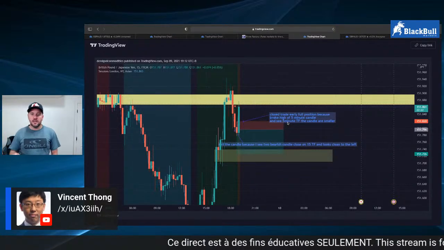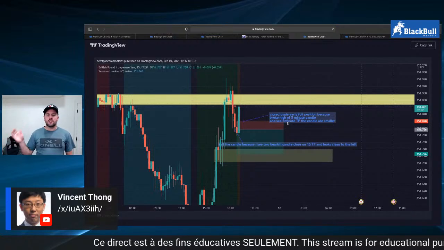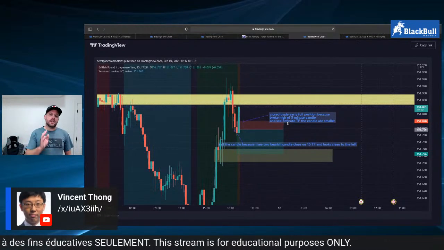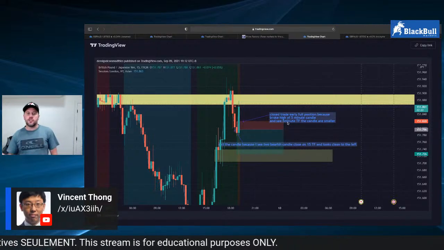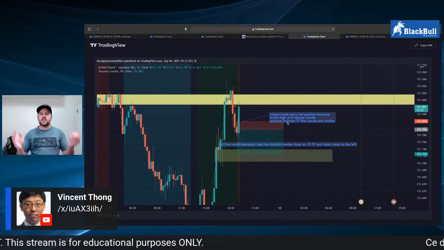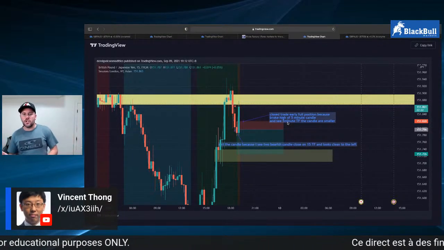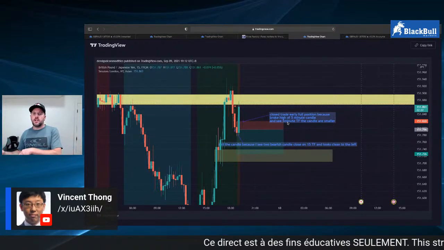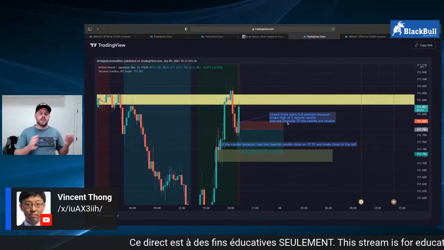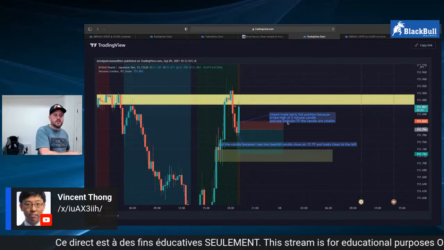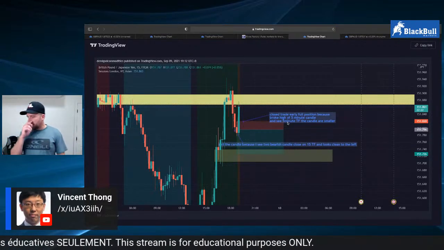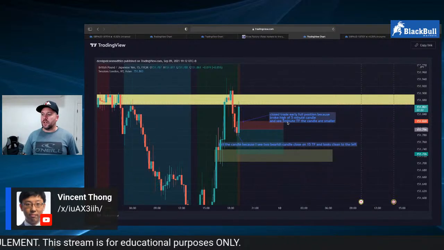If yes, you can close partials based on 5 minutes. But if 5 minutes is not a strong enough confirmation for taking an entry, why are you going to close partials based on 5 minutes? If it's not strong enough to take an entry, why consider it strong enough to close your trade? Guys, you have to be careful with this because more often than not you're going to choke your trade.